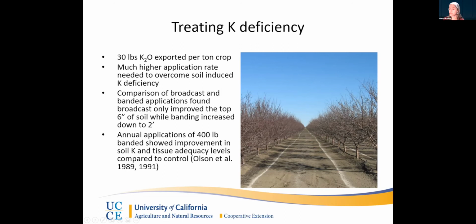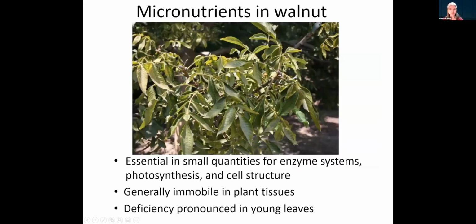So that's pretty much the standard recommendation for soil amendments, is to band potassium sources down the tree row or down the margins of the alley, and annual applications of at least 400 pounds showed improvement in soil potassium and tissue adequacy compared to a control. In some circumstances, it may take a couple years, depending on those soil conditions that I mentioned. If your soils have a high tendency to fix potassium, it may take several years of application before you start to see an improvement in those tissue levels.